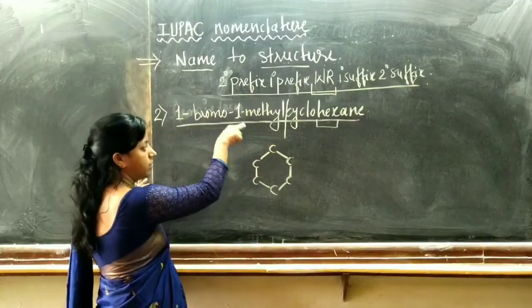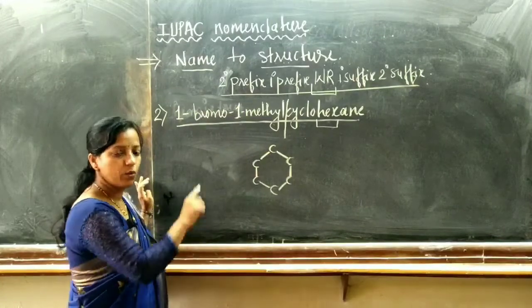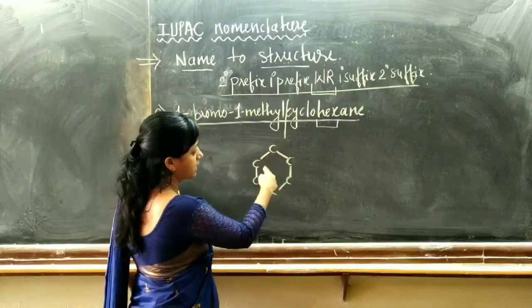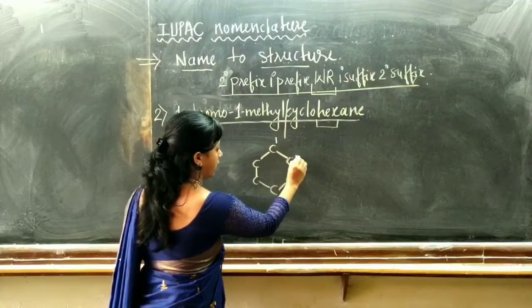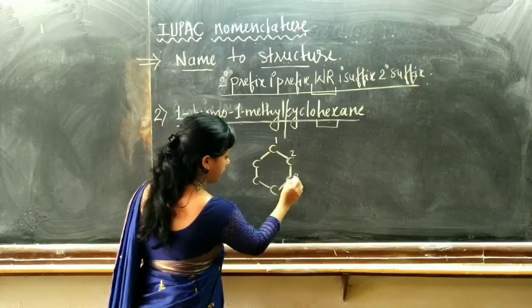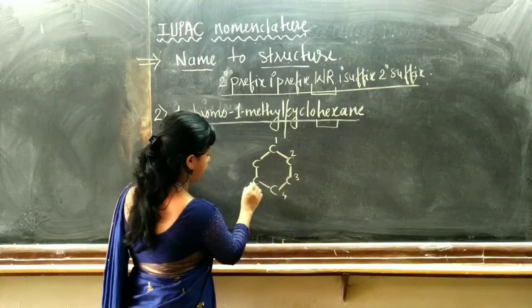Before writing the prefixes, we have to number the ring either clockwise or anti-clockwise: 1, 2, 3, 4, 5, 6.